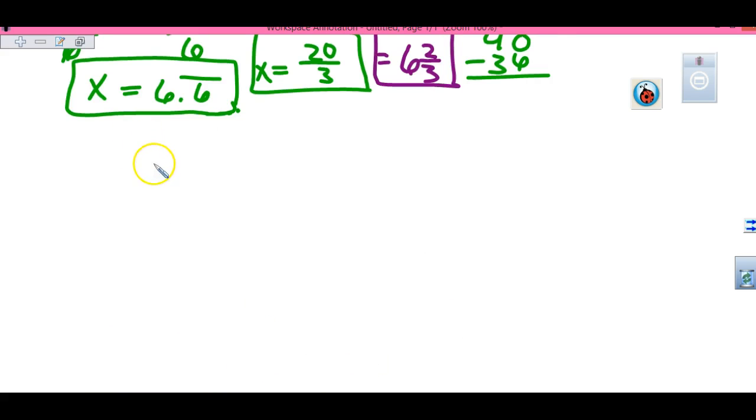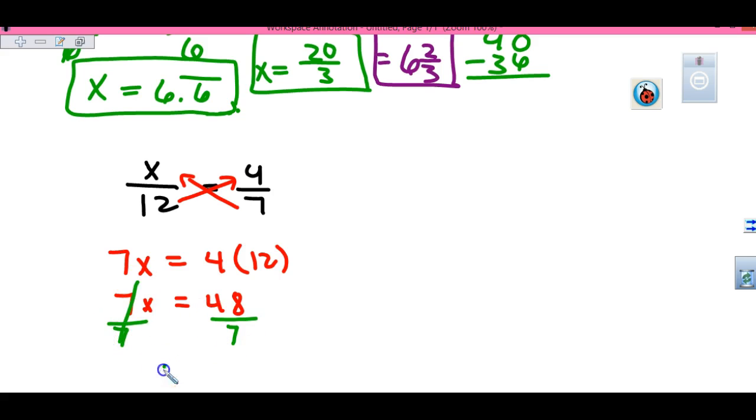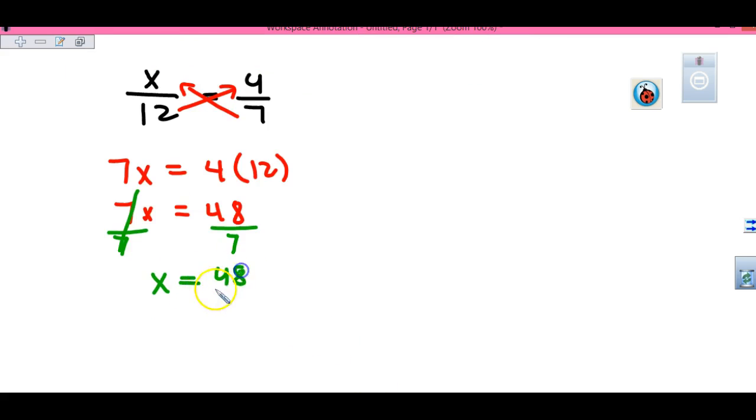Let's solve. X over 12 is equal to 4 over 7. If we cross multiply, 7 times x is equal to 4 times 12, and 12 times 4 is 48. 7x is equal to 48. To solve for x, we can divide by 7. X is equal to 48 over 7.